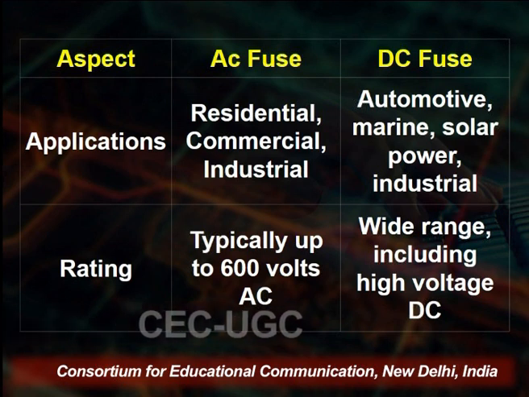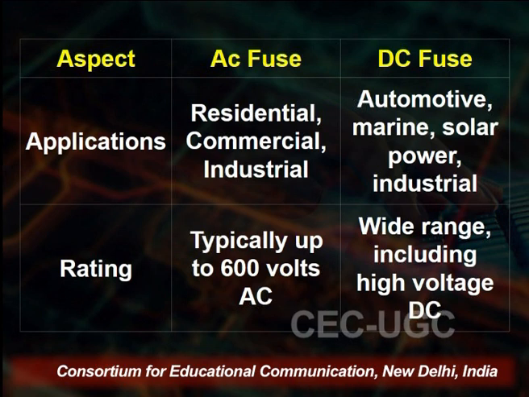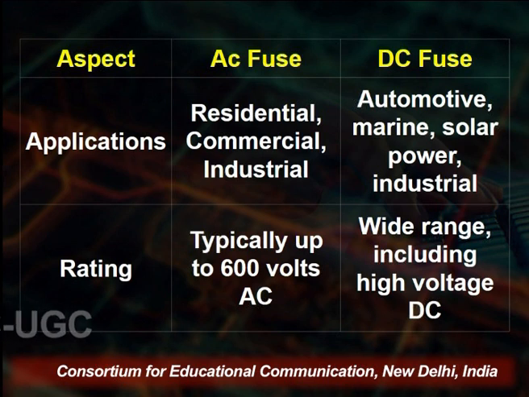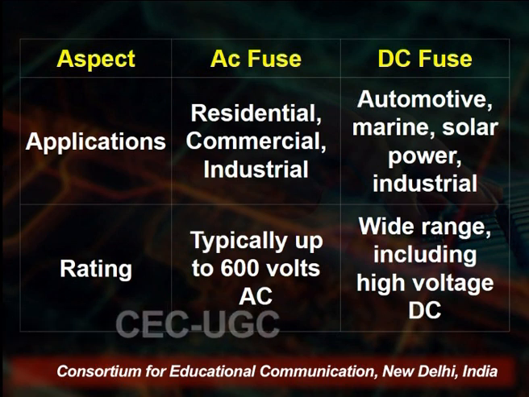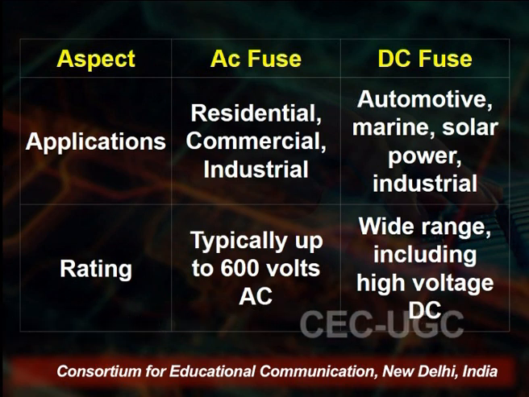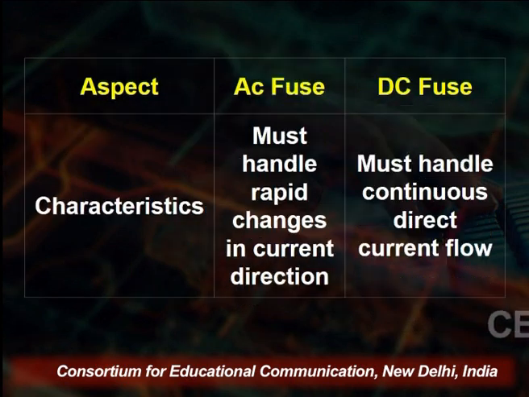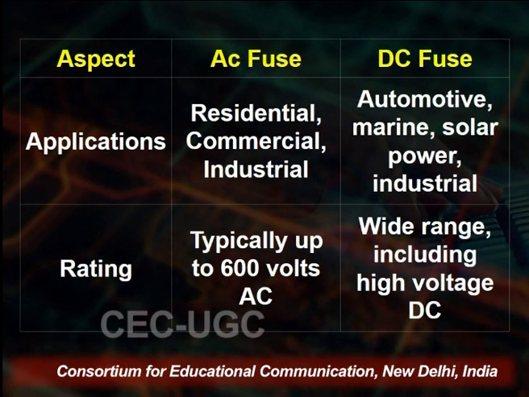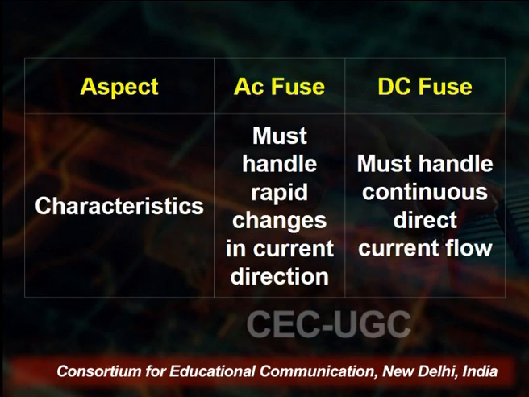Rating is typically up to 600 volts in AC, and in the second case a wide range including high voltage. In AC it is low to high, in DC we use high.